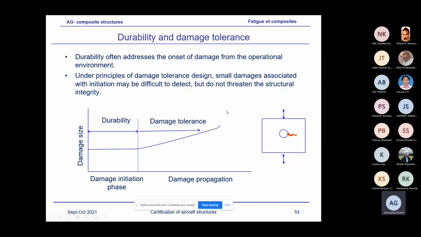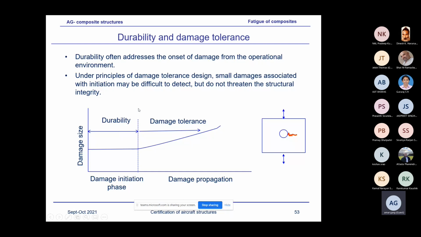So this chart I had shown earlier also, but basically what this shows is durability and damage tolerance. Both are done to demonstrate the safety of the structures. Durability shows the safe life for 20 years, no cracking.